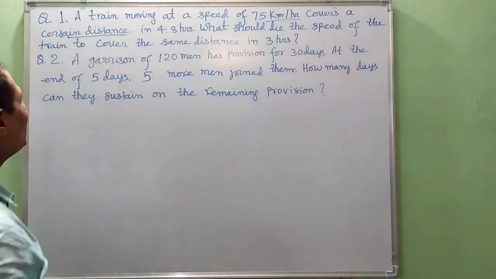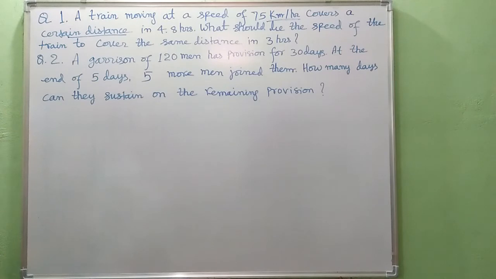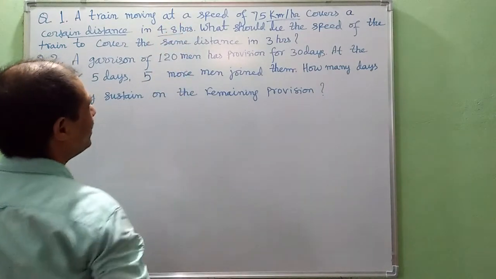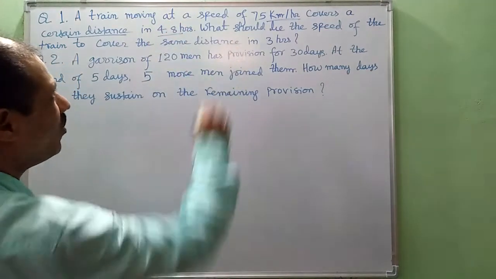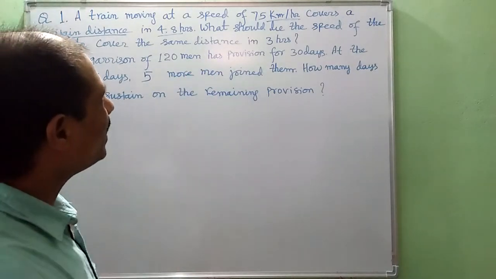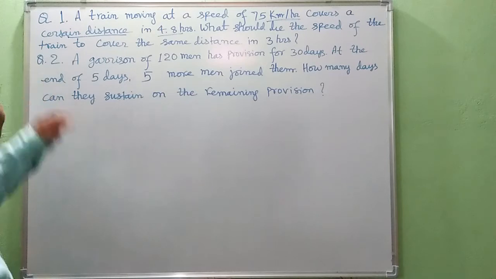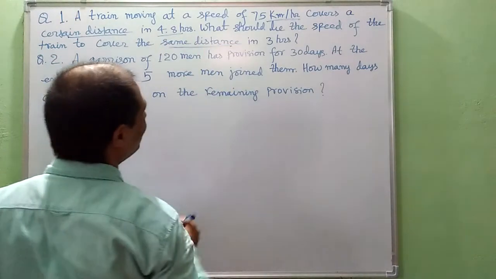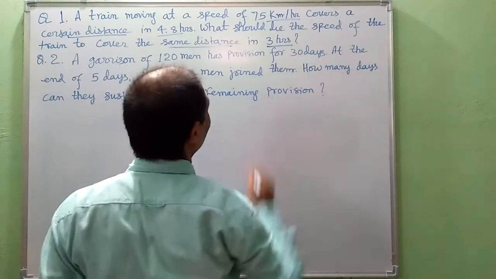This distance is constant in 4.8 hours. Time is given. Speed is also given. What should be the speed of the train to cover the same distance? Distance is constant, same distance in 3 hours.